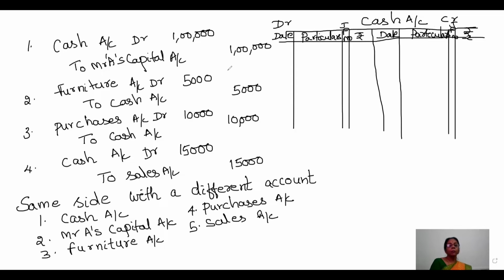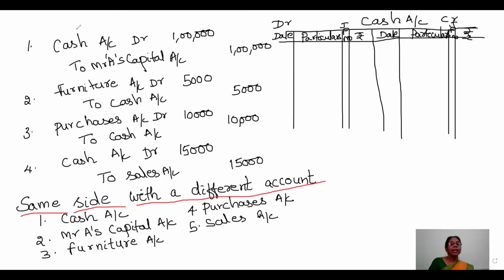Now we move on with the posting. Read the first transaction. It says cash account debit to Mr. A's capital account. Now, what is the rule that is applicable over here? Recollect the rule I have given you: same side with a different account. What does this rule signify, students?